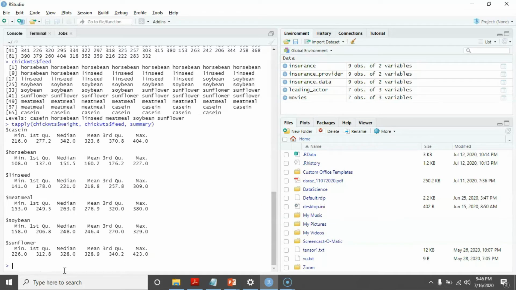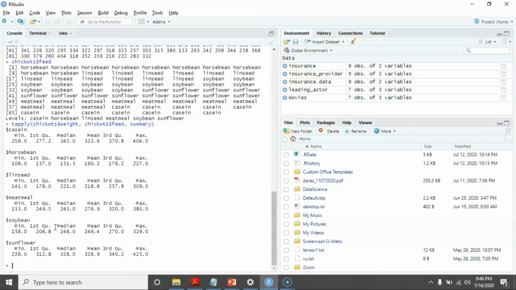Okay, let's see. Now you can see over here what it did. First it calculated the minimum, first quartile, median, mean, third quartile, and maximum. In this particular problem, we will keep it at a very simple level.